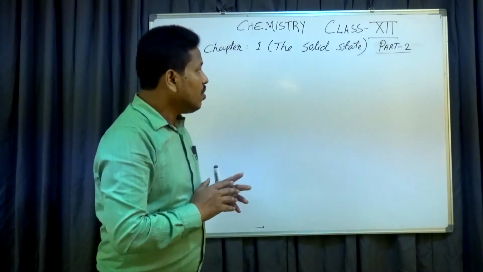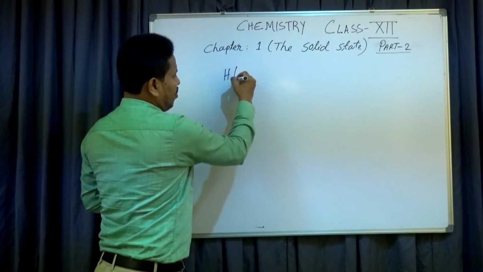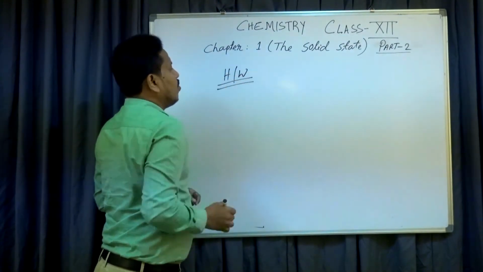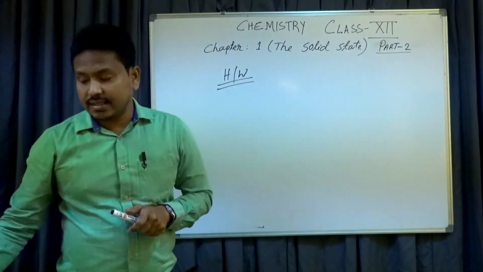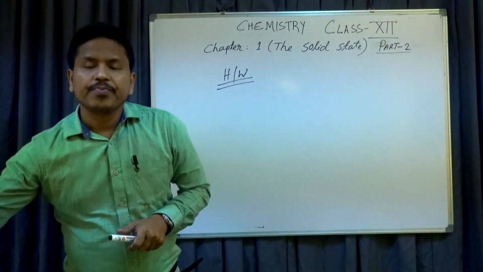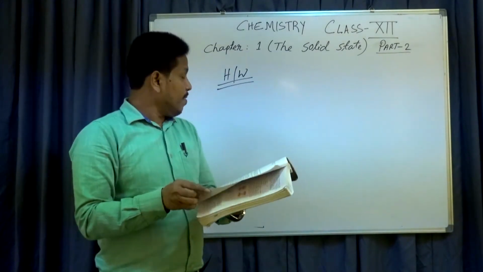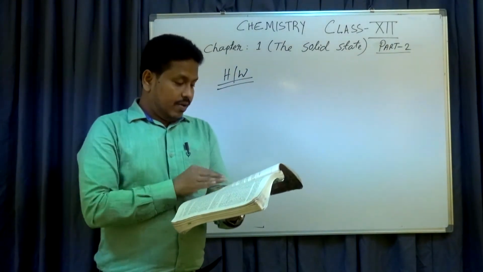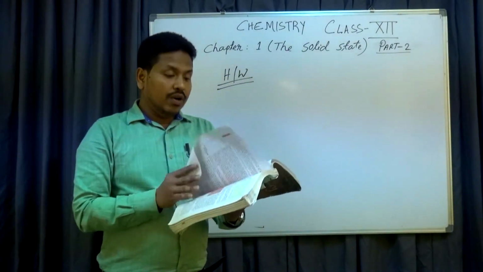Applying these, I am giving home tasks for today. You should follow your reference book or NCERT textbook. There are a lot of problems. Applying today's concepts, from the NCERT exercise you can do numerical problems.